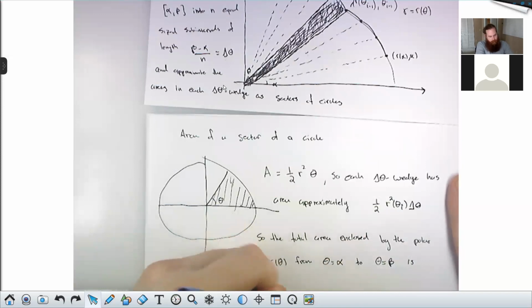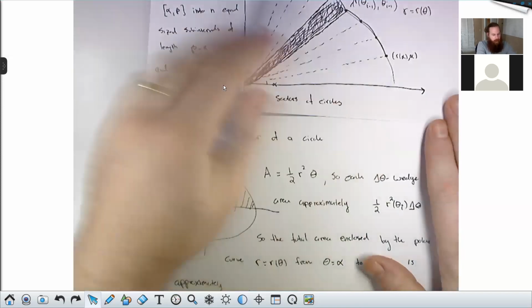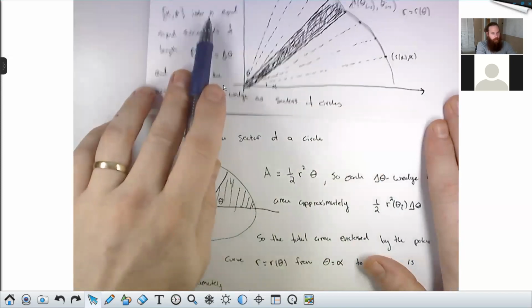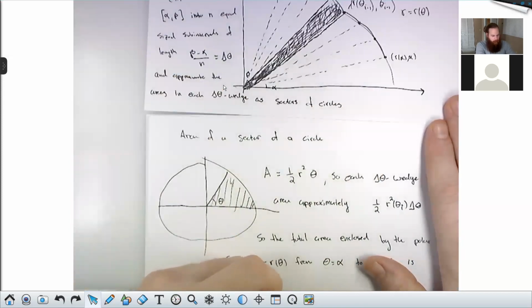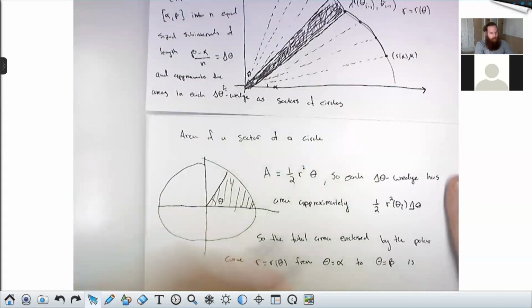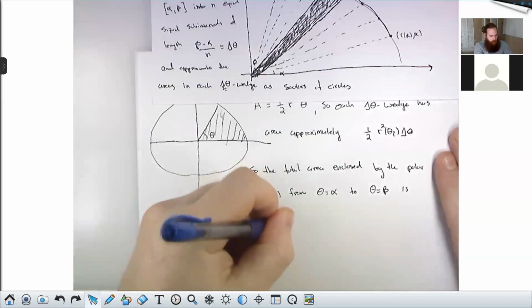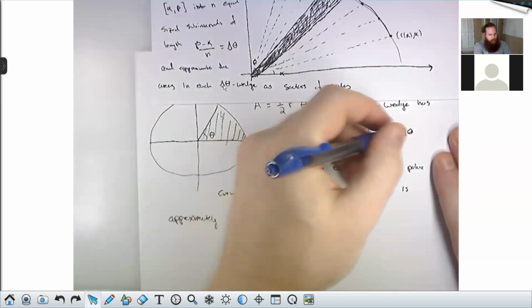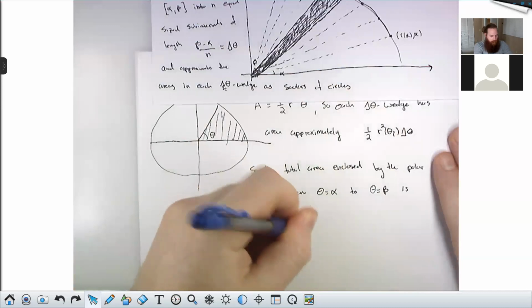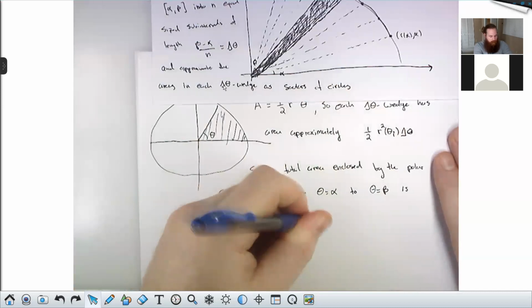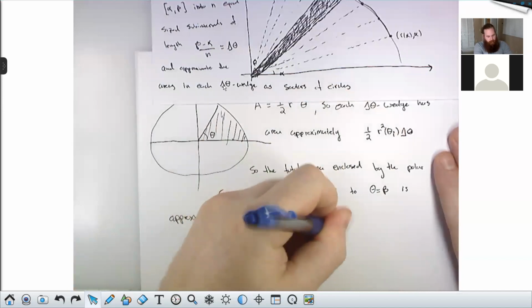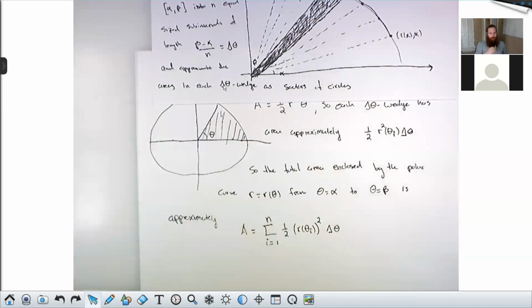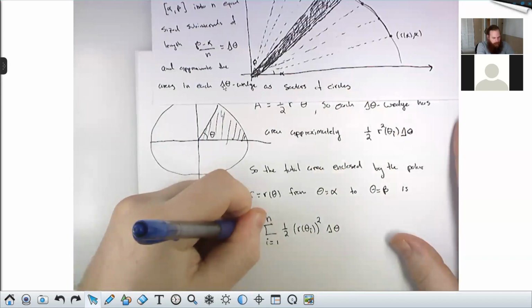So that's the sum from i equals, how many wedge areas do I have? Well, I split this into n equal length subintervals. So that's from i equals 1 to n. And then each one of the little areas is like this. So my sum is 1/2 r squared of theta i, or you can write it as r of theta i all squared, times delta theta. And I suppose I should use an approximately equal to here, right? Because this is an approximation.